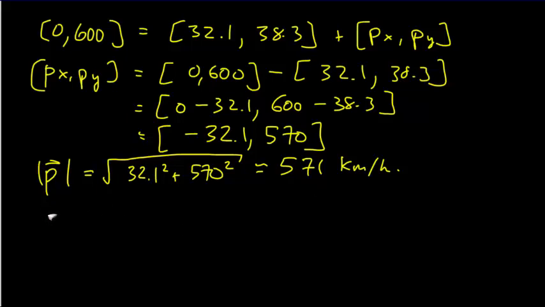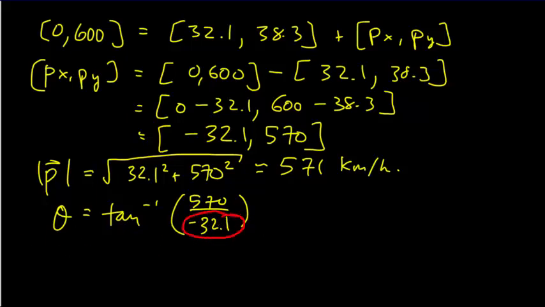Now for the angle, it's going to be the inverse tan of the y, which is 570, over the x. The x is really negative 32.1, so we have a negative x component, and when we have that negative x component, what we have to do is add 180 degrees to our answer.